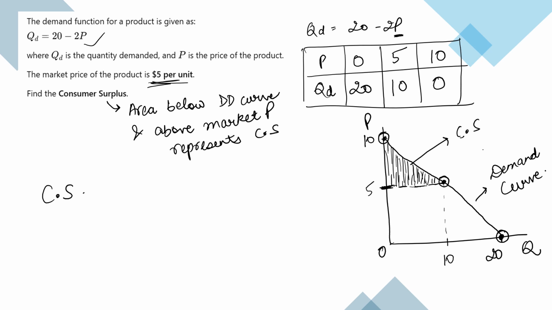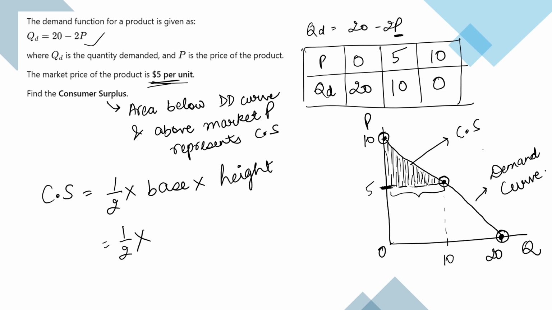Now to calculate the area of consumer surplus, we have to calculate the area of this triangle. You know that the area of a triangle is half into base into height. So when we put the values, half into the base of the triangle, which we measure from the x-axis: 10 minus 0.